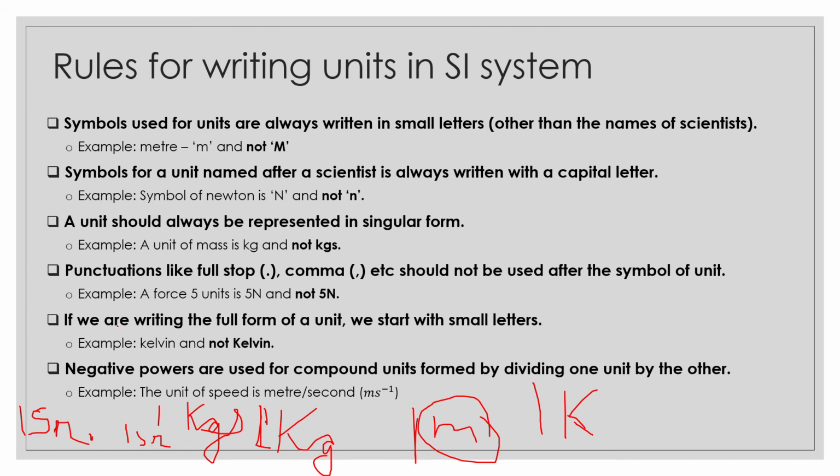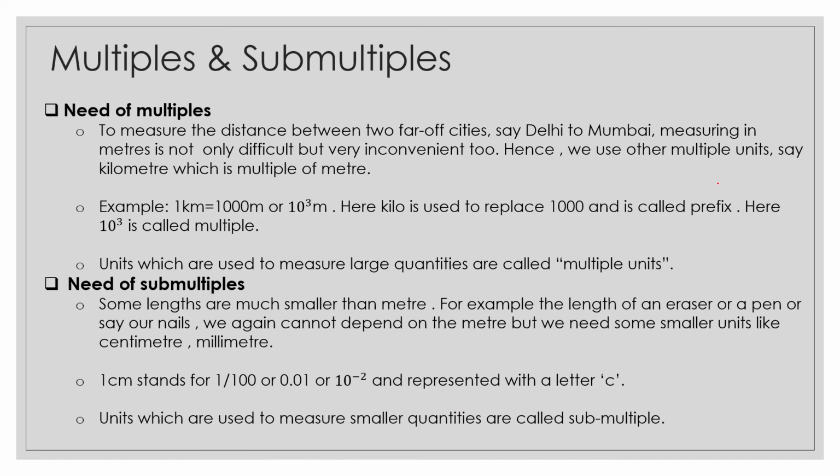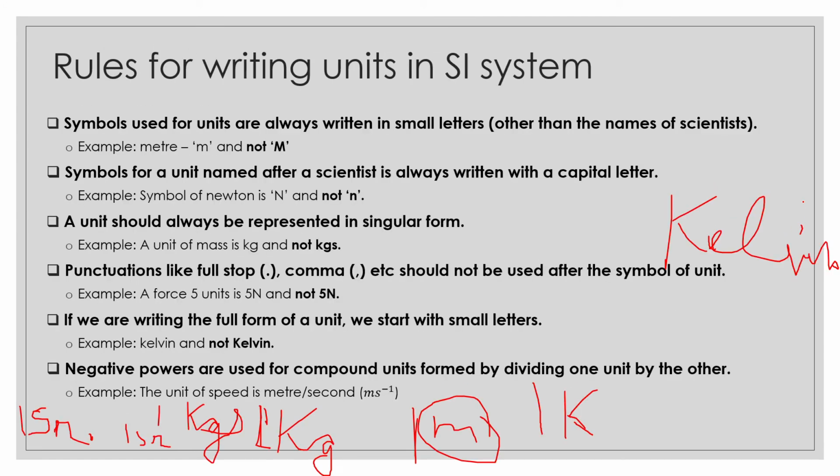If we are writing the full form of a unit, we start with small letters. So I'm writing kelvin, okay? Many people don't know this. You might think that Kelvin is correct because you were told to write capital K, so we write capital K. But for the full name, you should write the small k, because that's the rule.